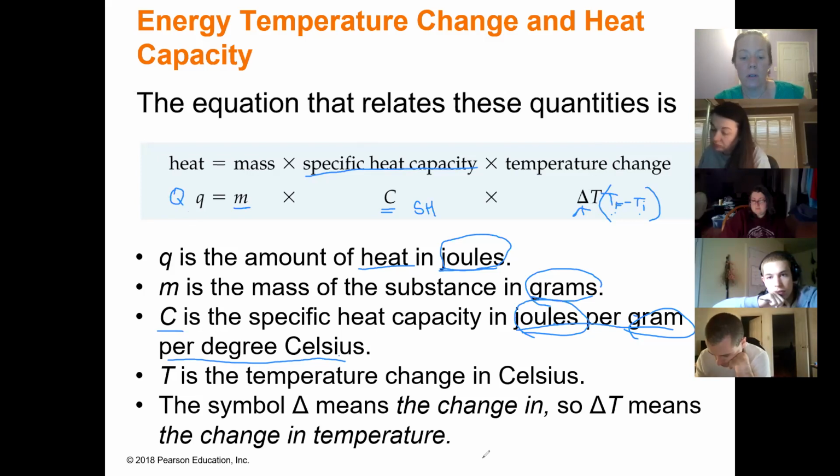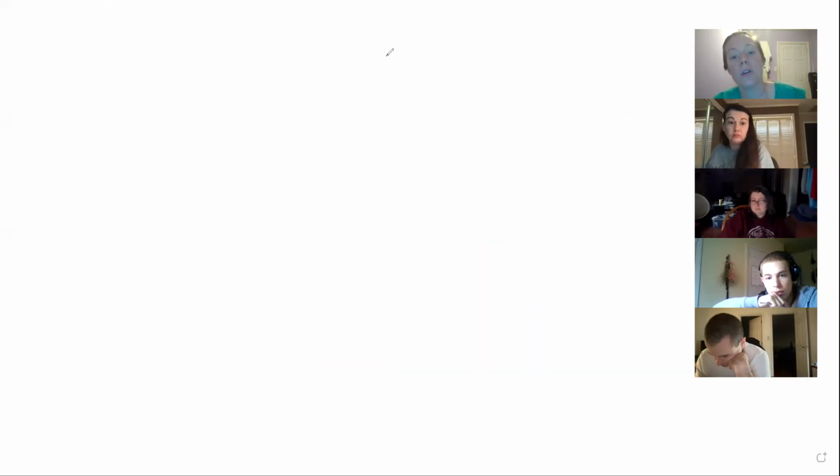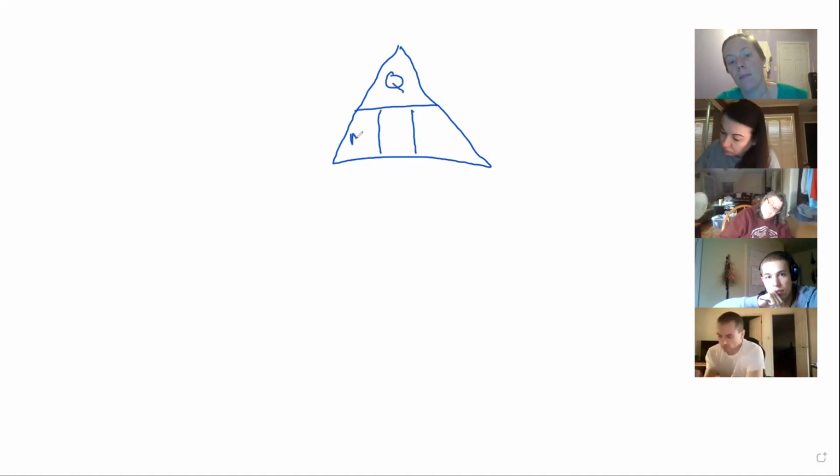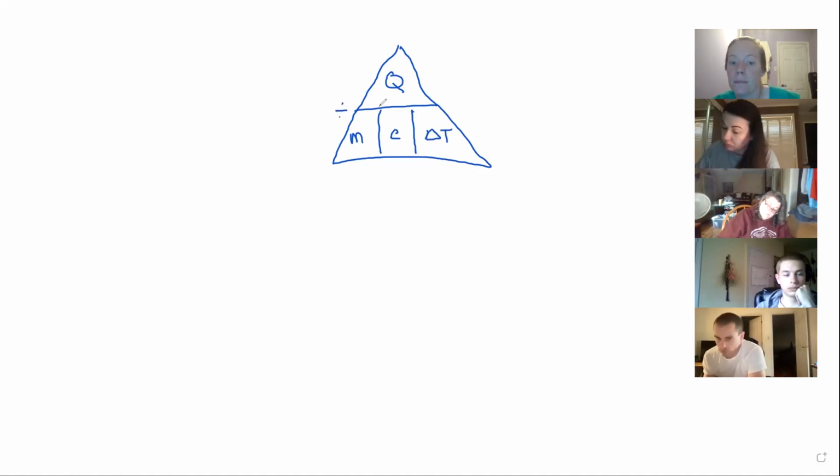If isolating variables is something that gives you trouble, you can make a triangle for this. Divide it up, put the Q on top, put the M here, C, and delta T. Remember, this is a divider bar, and these are multiplier bars.